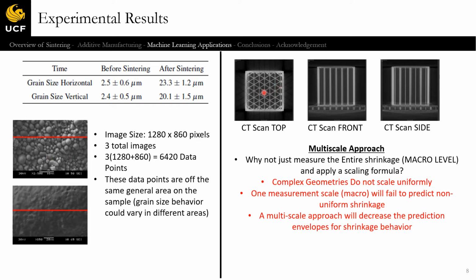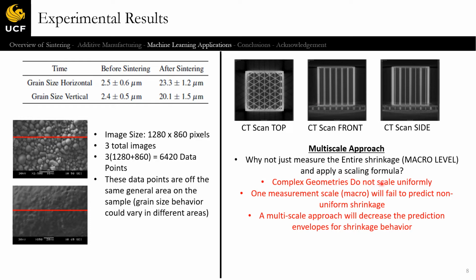But if you did these different infill parameters, here we see an example of that from a CT scan that we took. If you had this unique infill parameter, it may not shrink the same in different areas of the unique geometry, and that's why we need to not just use a macro level approach to quantifying shrinkage during sintering.